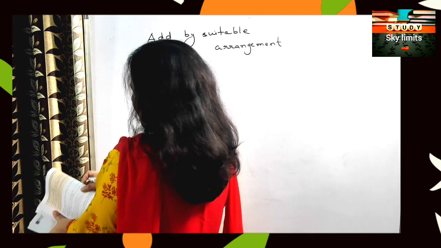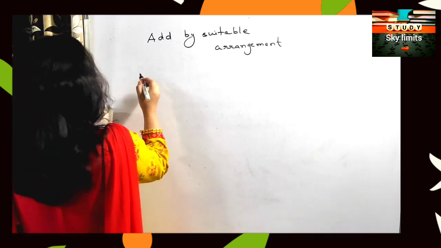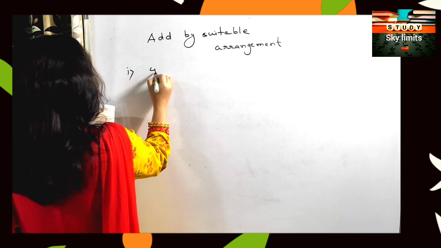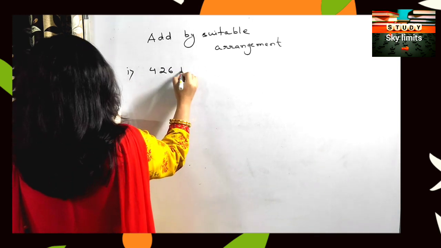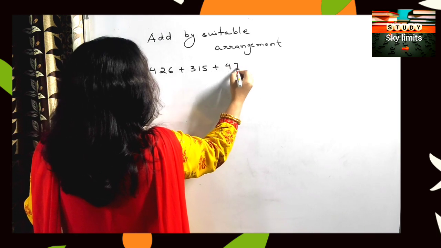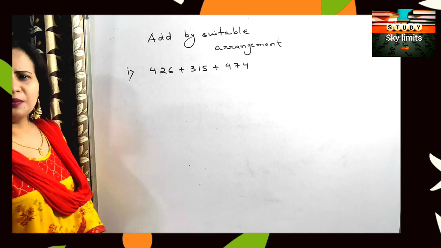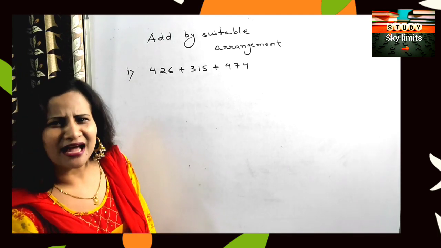Okay. So let us take the first number. 426 plus 315 plus 474. Normally you can add it very easily, I know.